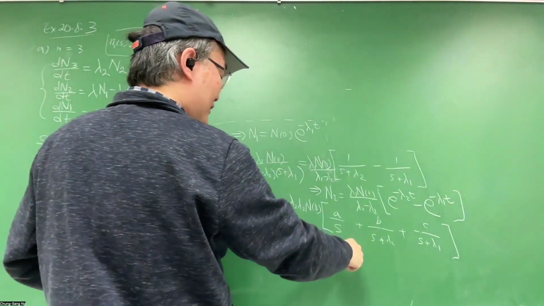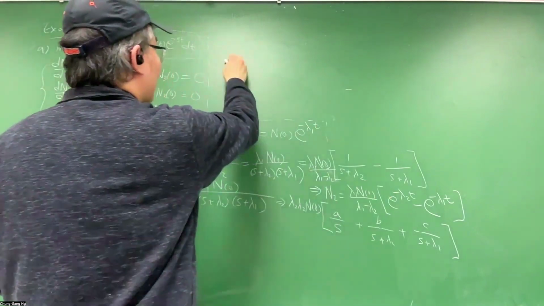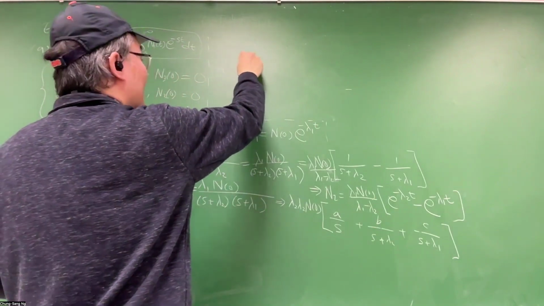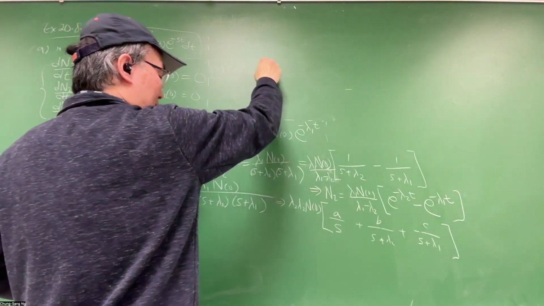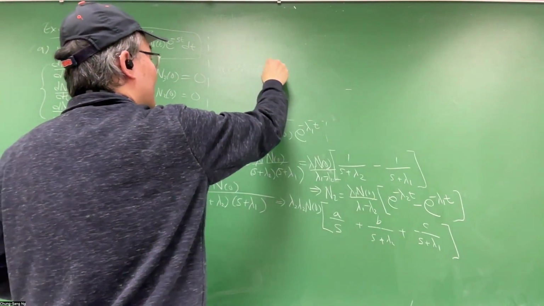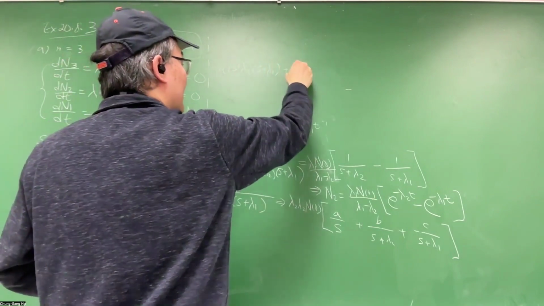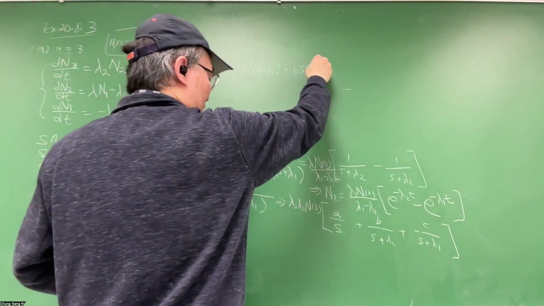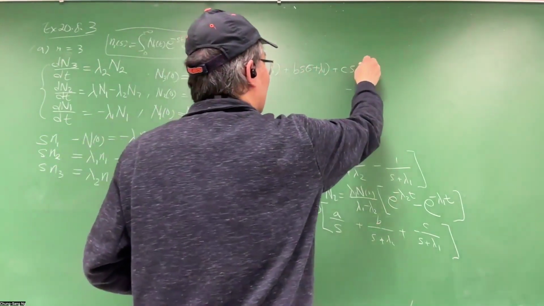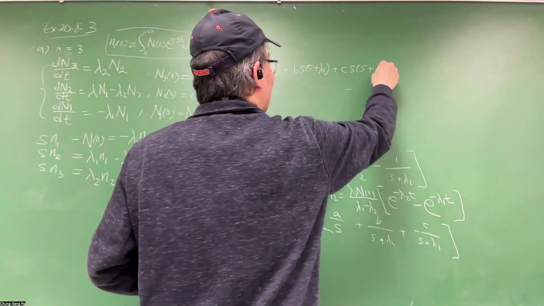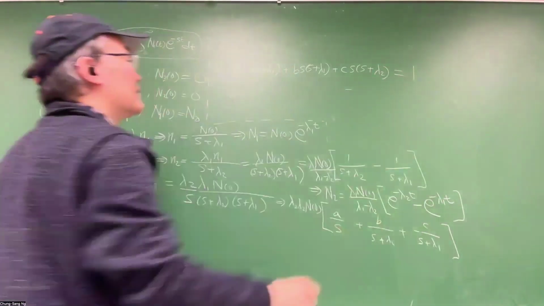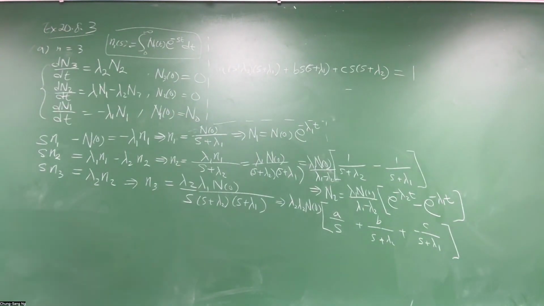Okay, so common denominator: A times (S plus lambda 2) times (S plus lambda 1), plus B times (S plus lambda 1), plus C times (S plus lambda 2), equals 1, right? Like that.